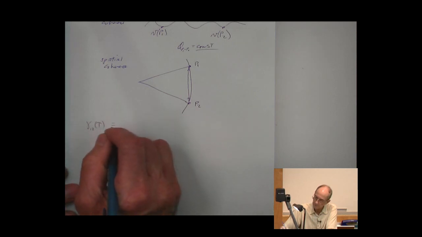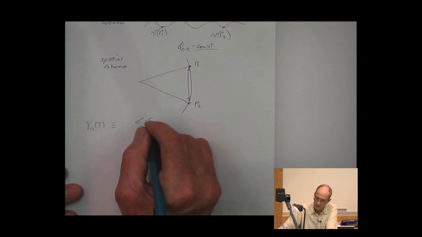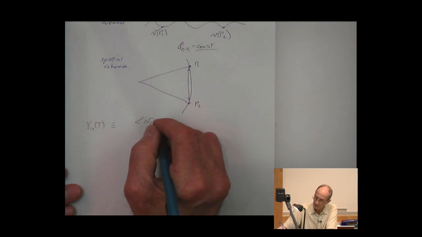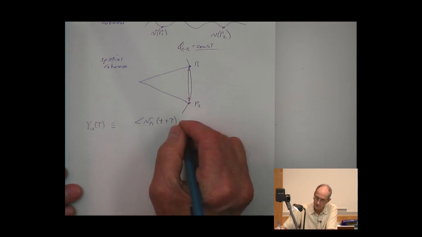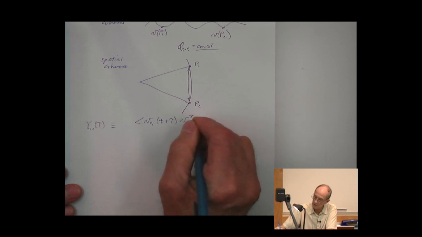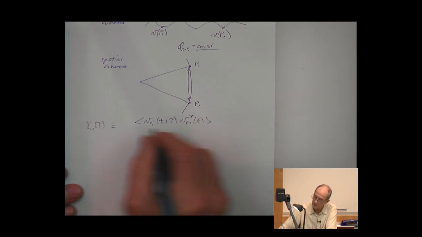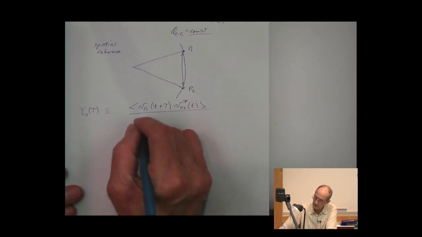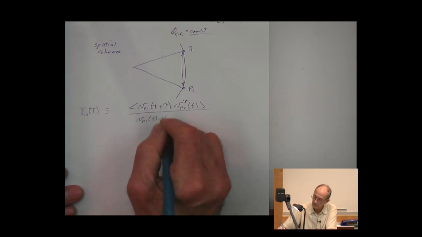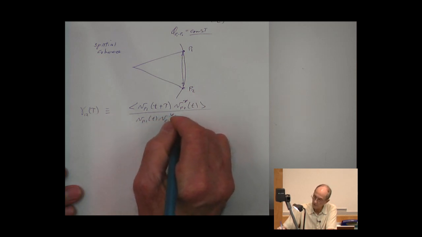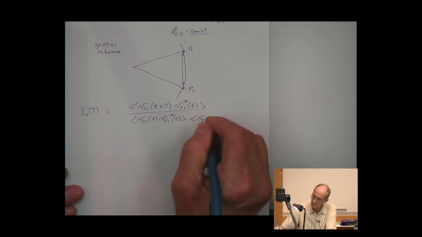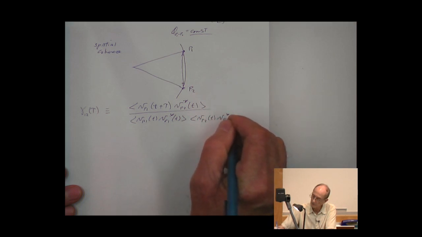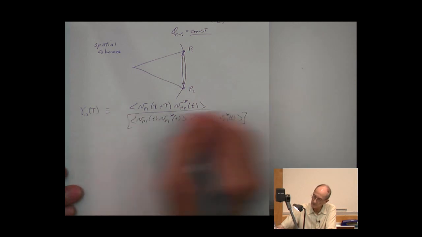If we measure the field VP1 at point P1 at time t plus some delay tau, and VP2 star of t, take the time average and normalize it, we have the time average of VP1 of t times VP1 star of t, times the time average of VP2 of t times VP2 star of t, and we take the square root of that.